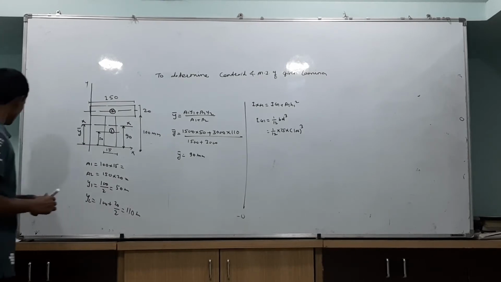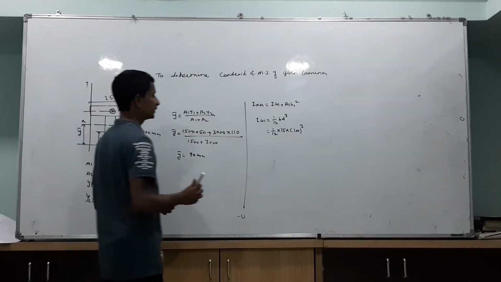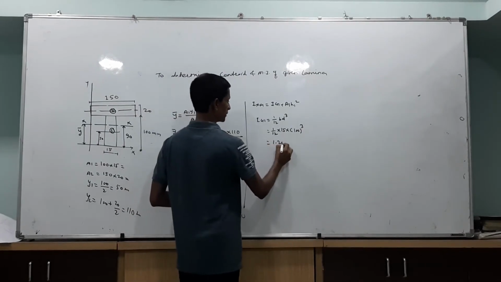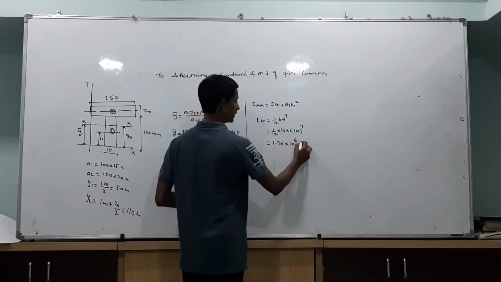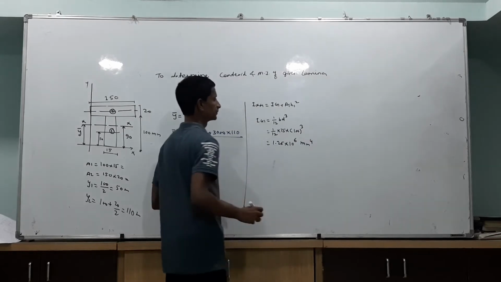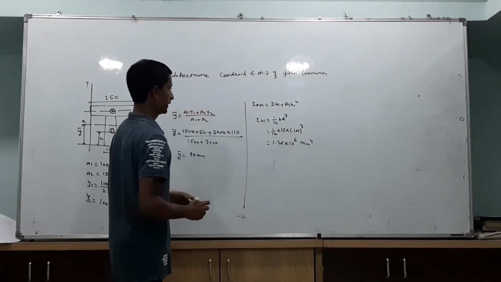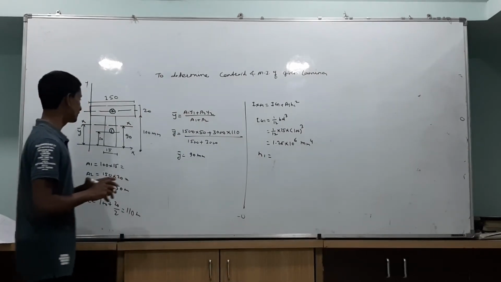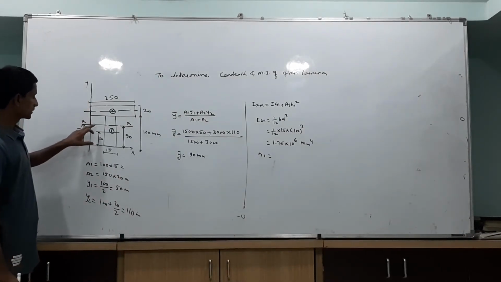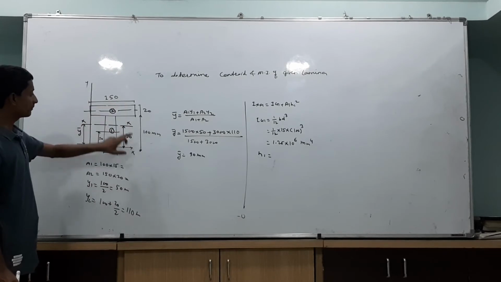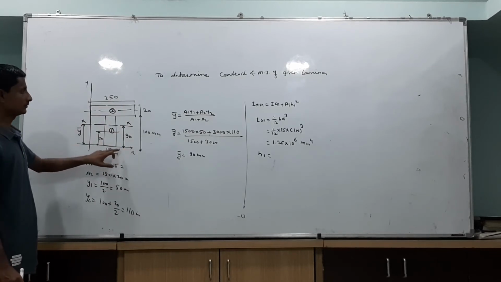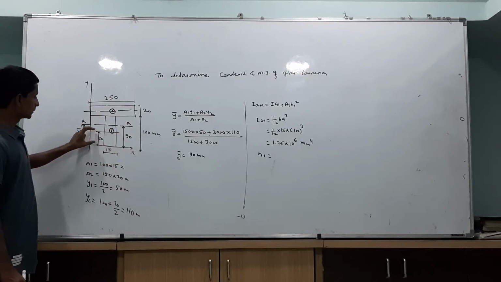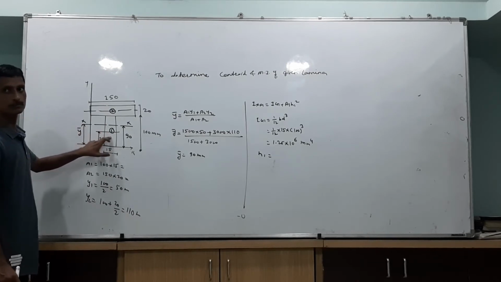So it is 1.25 into 10 raised to 6 mm raised to 4. Then H1. H1 is the distance between the central axis of the given plane lamina and the central axis of the area number 1.